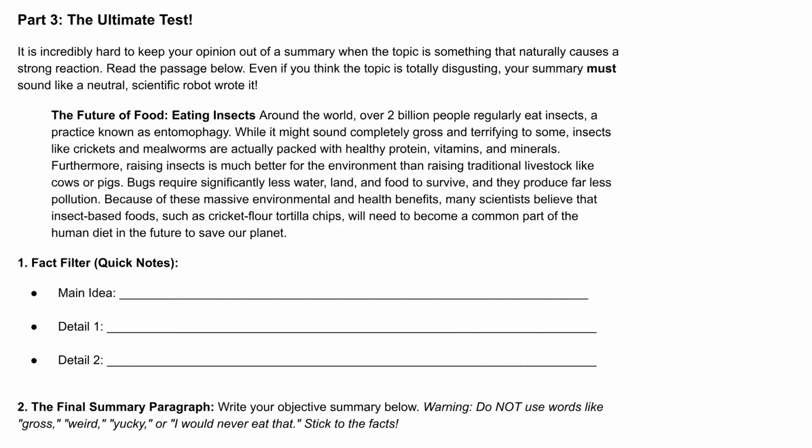Even if you think this topic is completely disgusting, your summary must sound like a neutral, scientific robot wrote it. Use your fact filter to find the main idea and 2 key details. Then write your final objective summary paragraph. Do not use words like gross, weird, yucky, or I would never eat that. Stick to the facts. Pause the video to take the ultimate objective summary test.